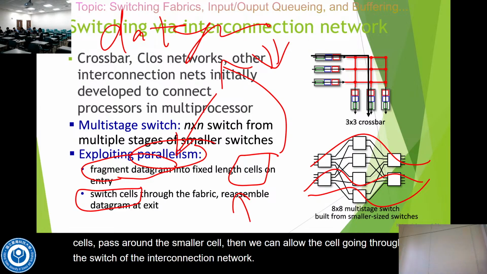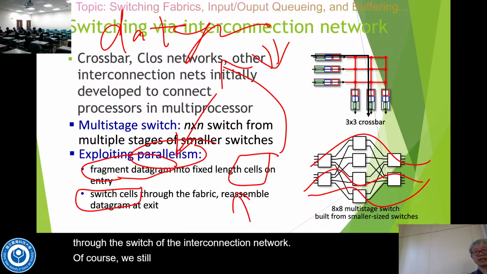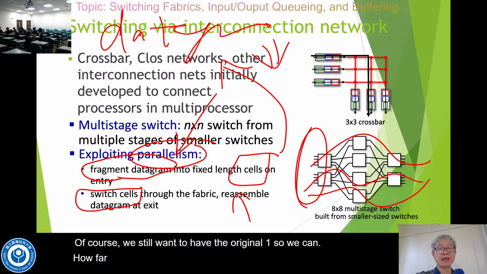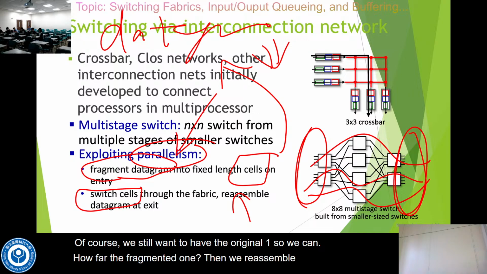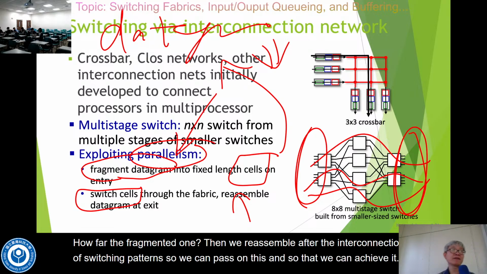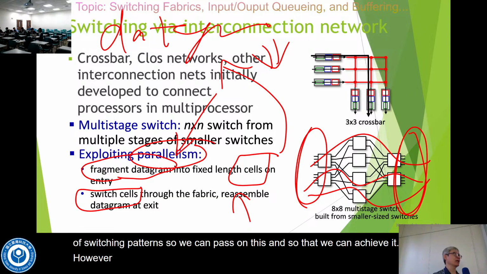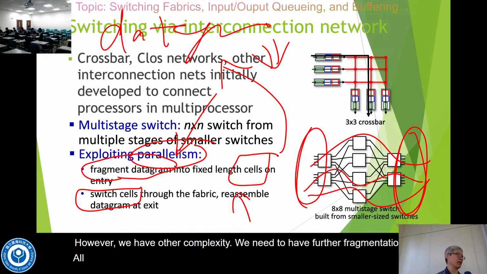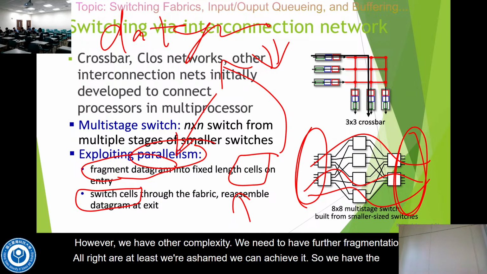Of course, we still want to have the original one, so we have the fragmented one, then we reassemble after the interconnection of switching fabrics. So based on this we can achieve it. However, we have the complexity. We need to have the fragmentation. At least we assume we can achieve it, so we have the fragmentation first, then we can reassemble.